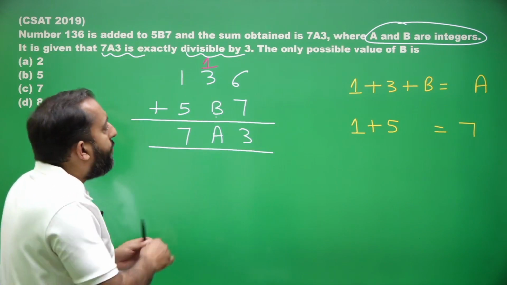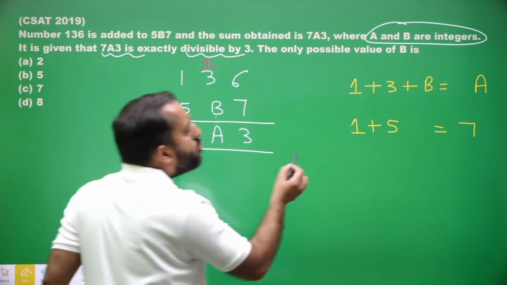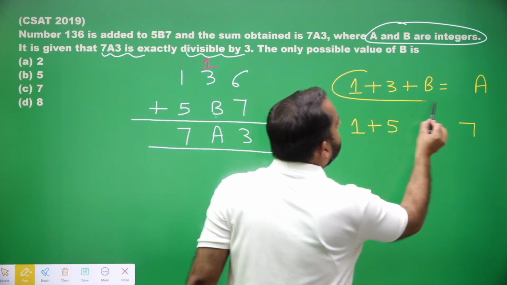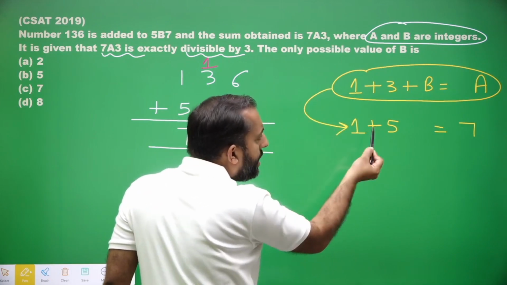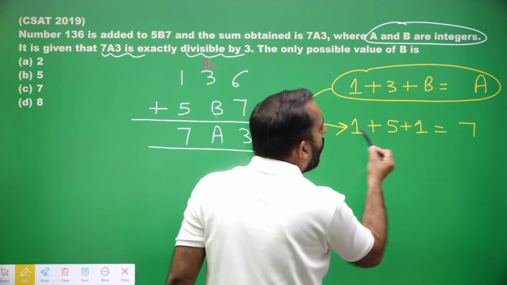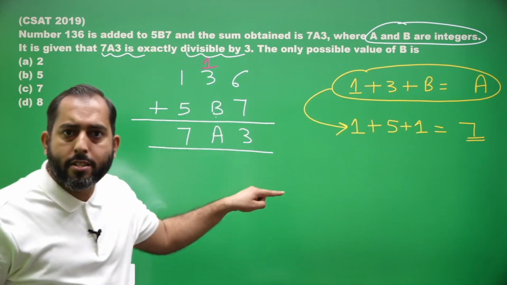No. If you want 1 plus 5 to be 7, then definitely there has to be a carry from the previous step. Only in that scenario, 1 plus 5 plus that carry will give you 7 in the result.